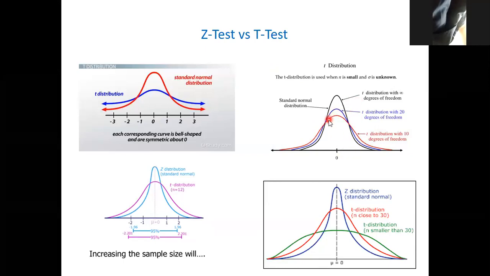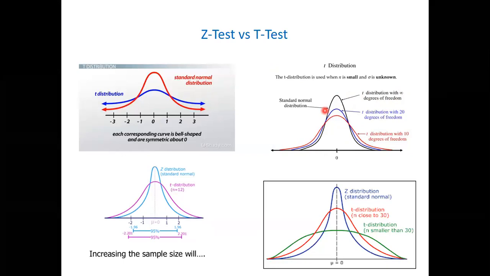You notice that, look at the T distribution when the degree of freedom is infinity. That is, it has approached the standard normal distribution, where the degree of freedom is infinity. So look at this tall one, the standard normal distribution, and a T distribution whose sample size has increased drastically. It will approximate the normal distribution.